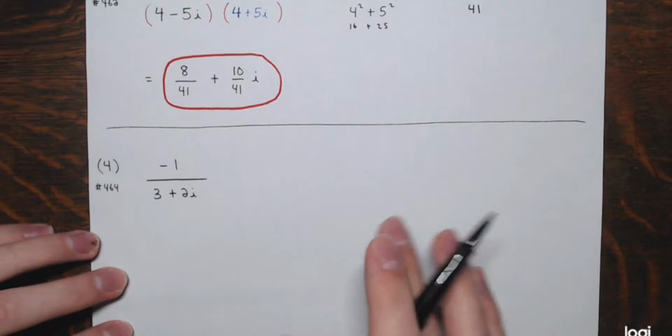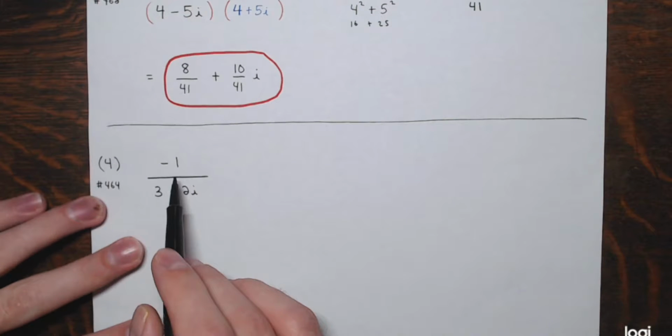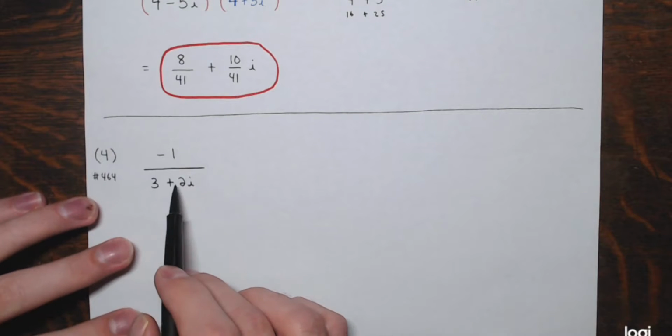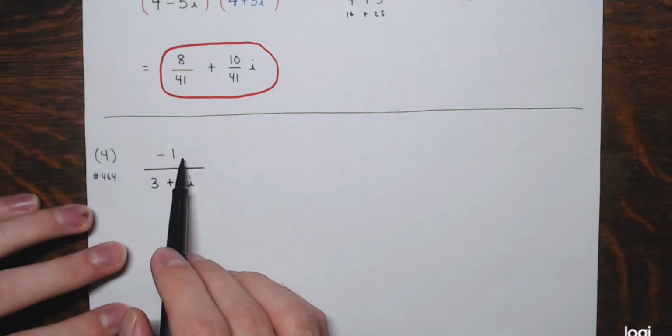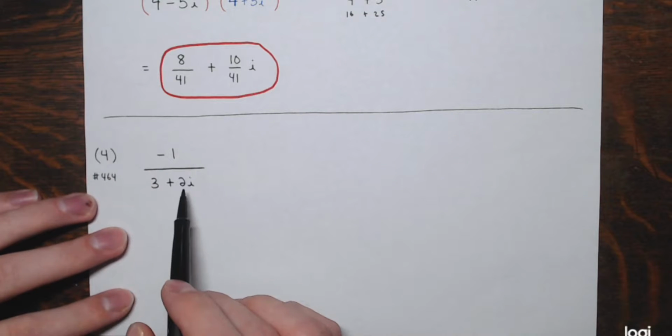All right, example 4 here is exercise 464 from the text. Same thing, just dividing complex numbers: -1 plus 0i if you want to write it, divided by 3 plus 2i.